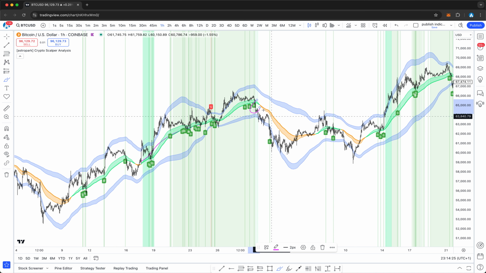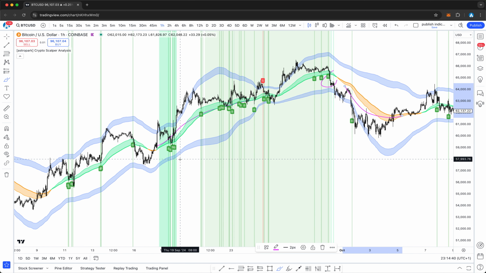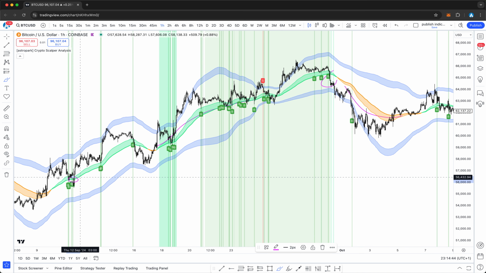We had orange trend, so bearish trend, but I guess you can easily see how if every time you buy at the cloud retest and you keep taking profit whenever this upper band is touched, you make a lot of money.